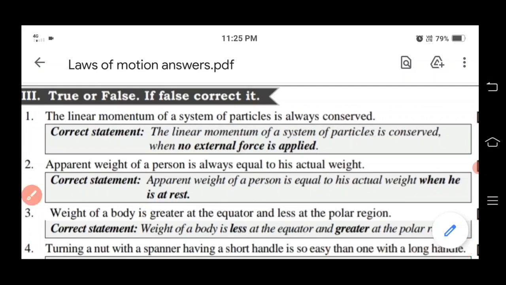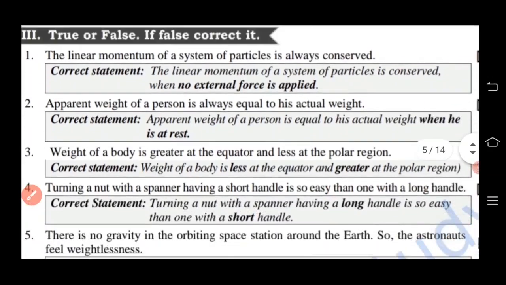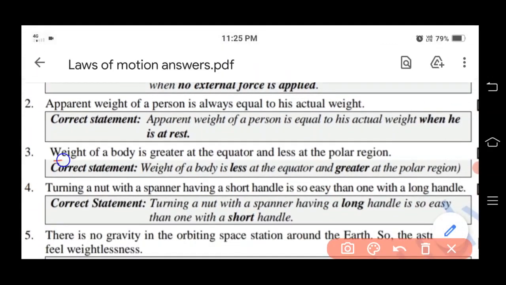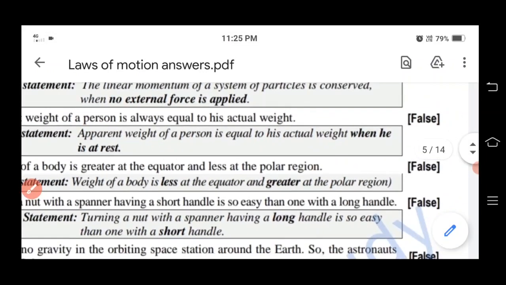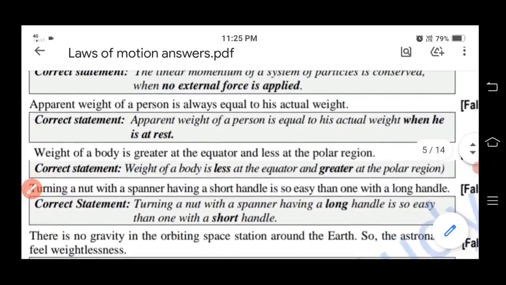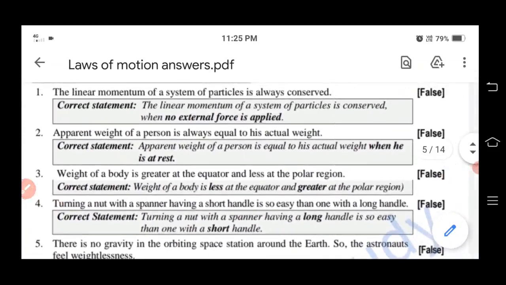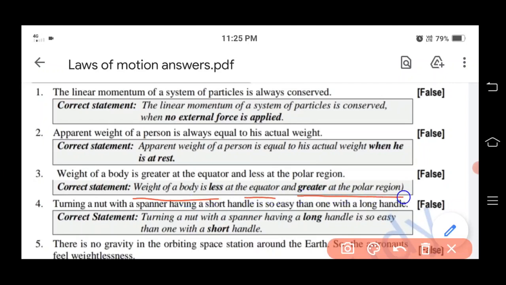And then the third one, the weight of a body is greater at the equator and less at the polar region. The answer is false, because the correct statement is the weight of a body is less at the equator and greater at the polar region.